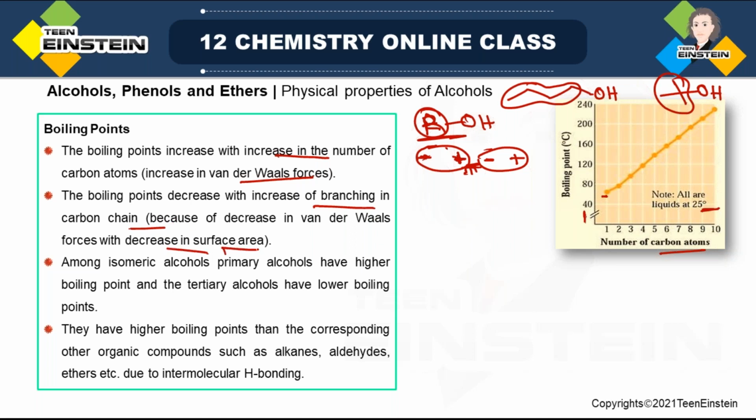That means a decrease in surface area, but van der Waals interaction is directly related to surface area. So when there is a decrease in surface area, there is also a decrease in van der Waals force, and that is the reason boiling point decreases. But remember, you have to keep the carbon number the same, because if you don't, the carbon number factor will also change the boiling point. So keeping carbon number the same, when you are increasing branching, boiling point will decrease.